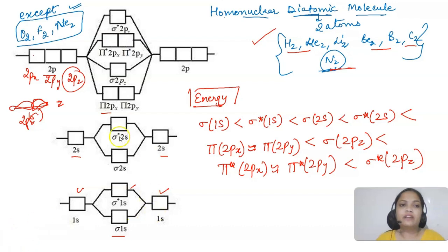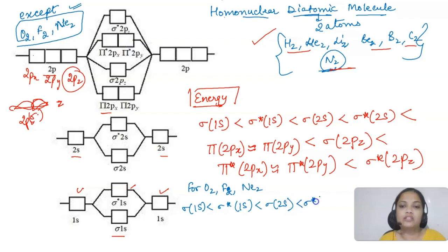Now students, if I talk about oxygen, fluorine and neon, there is only one change that you have to keep in mind. So I'm writing this here. For oxygen, fluorine, and if neon is asked, sigma 1s, then sigma star 1s remains the same, sigma 2s, sigma star 2s. There is no change in the s molecular orbitals, but the change starts if I am talking about p.